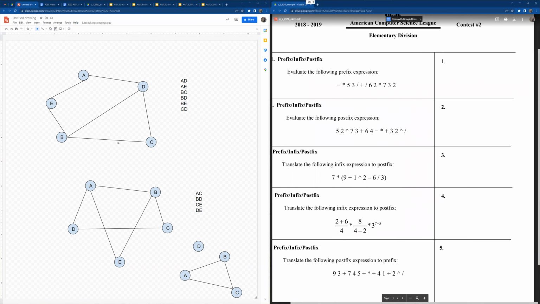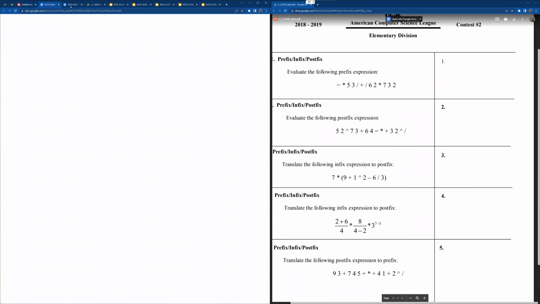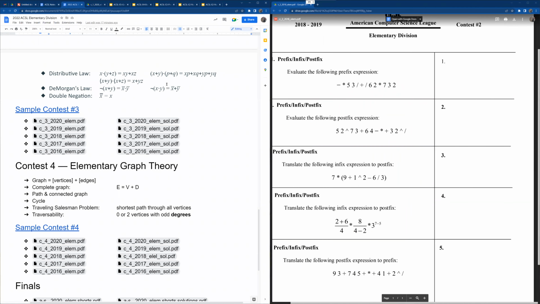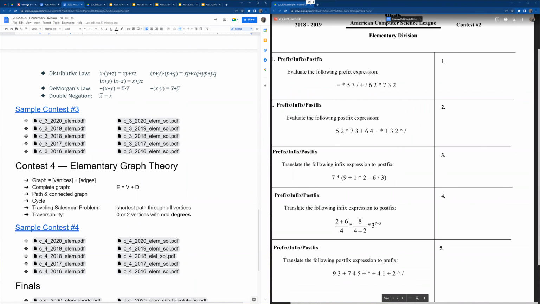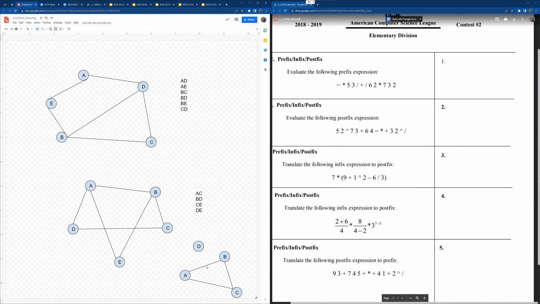So those are those concepts. What else do we have? And cycle. As you can see, in this graph, ABCD, you only have one cycle, ABC, because it's not directional.